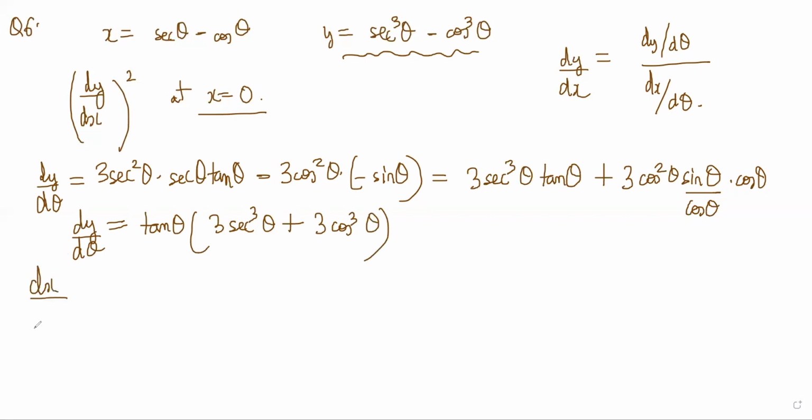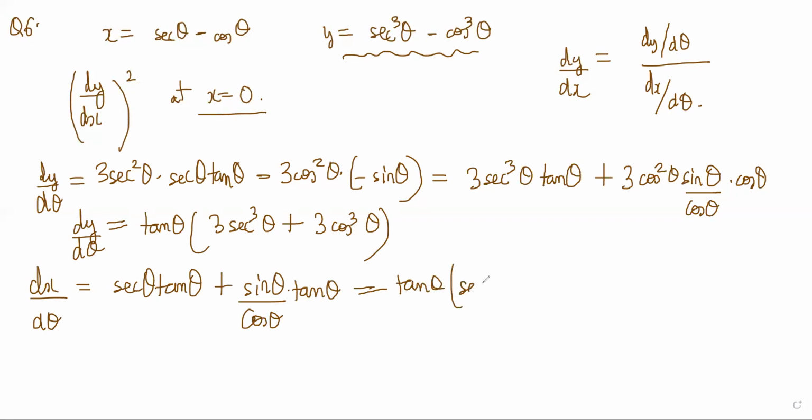Similarly, dx by d theta will be equal to sec theta tan theta minus minus, so plus sine theta. Again divide by cos theta and tan theta. And what we'll get is tan theta common, and it will be sec theta plus tan theta, right?